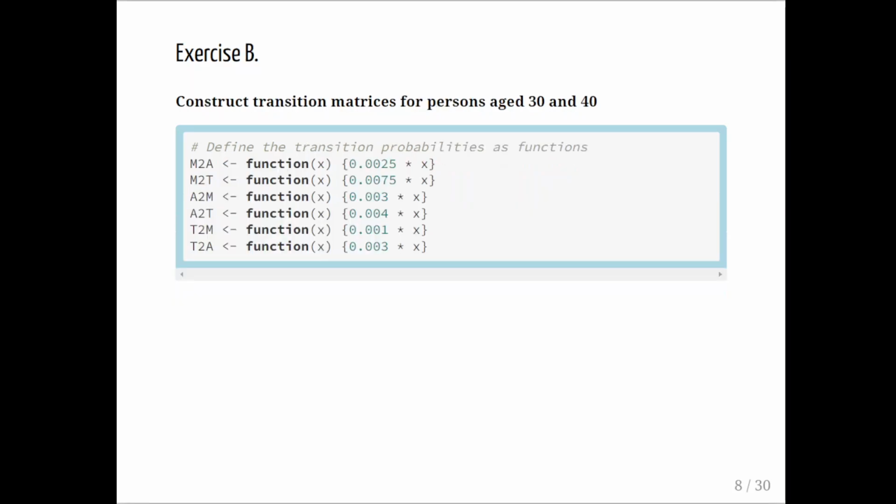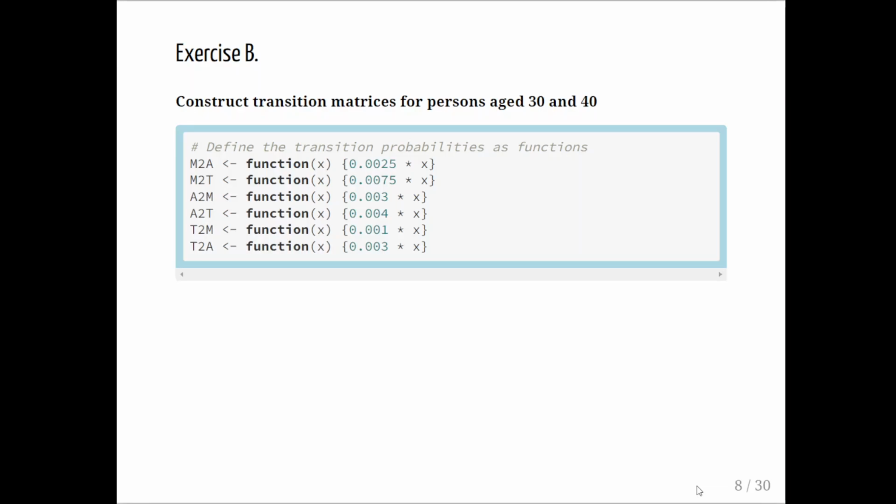So you recall our transition matrix was a little bit complex. So what I'm going to do here is create some of these functions just to help keep a nice tidy looking piece of code when we actually create the transition matrix. So these are little mathematical functions to just speed things up and keep things nice and tidy. M to A means marketing to administration, M to T means marketing to training, and so on.